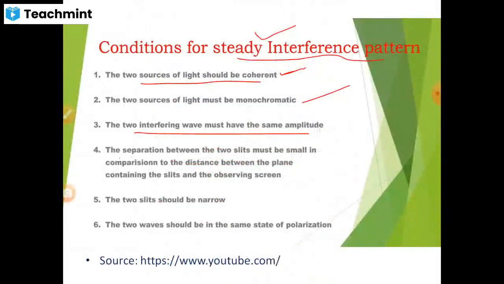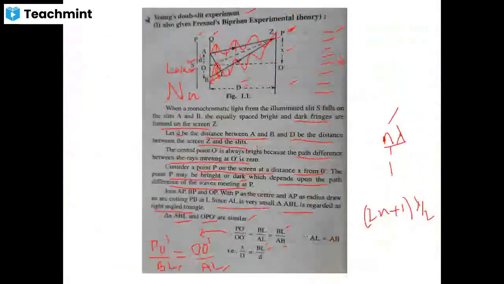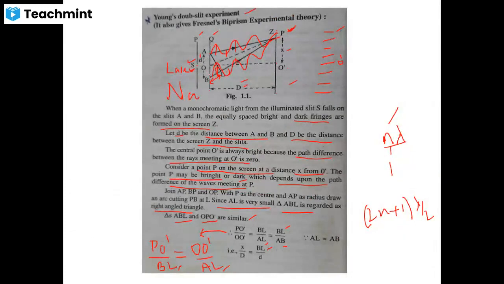Then the separation between the two slits must be small in comparison to the distance between the plane containing the slits and the observing screen. You know what it means? So here if you observe this d, small d, this distance is very small compared to the distance capital D. So the distance between this screen and the slits is very large compared to the distance small d.